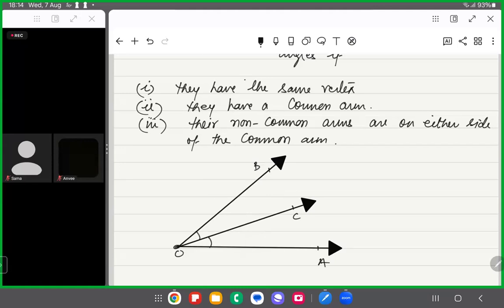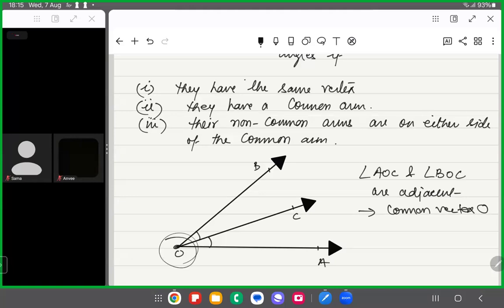Now in this given figure, angle AOC and angle BOC are adjacent. Why are they adjacent? They have a common vertex. Both are originating from the same vertex, that is O. See the figure. This is the common vertex for both angles. So this is the first condition, that they have the same vertex.